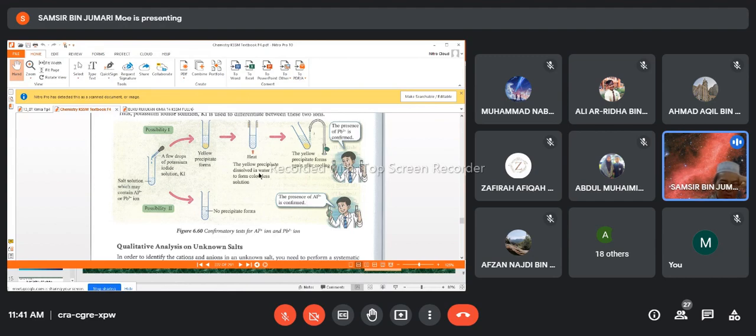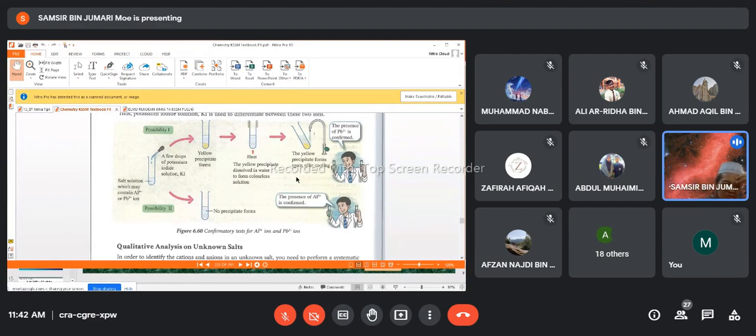But when we put it under the pail water, or we let it cool under the room temperature, the yellow precipitate will be formed again.